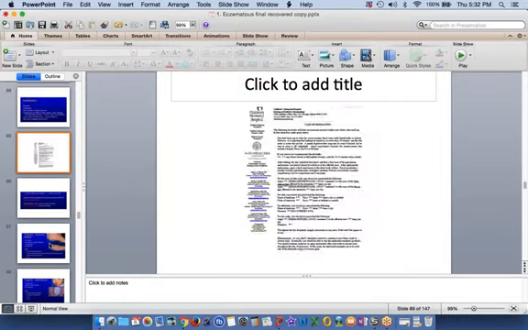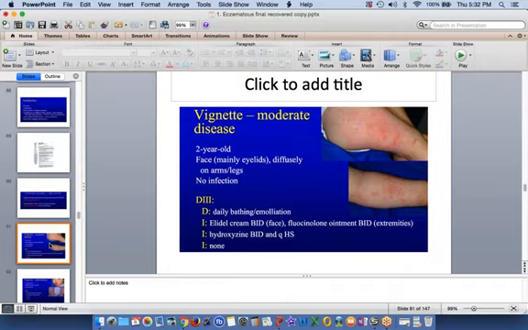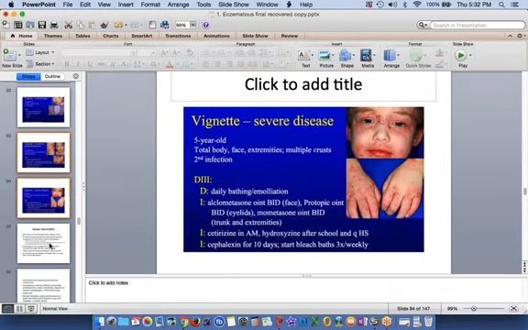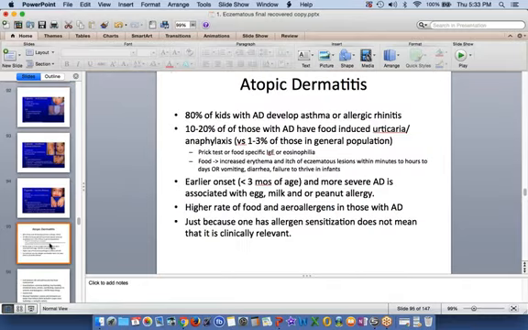So we're going to skip these and move on to, you could read these notes. It's pretty widespread. Atopic dermatitis begins early in life. There's some association with urticaria and food allergy.